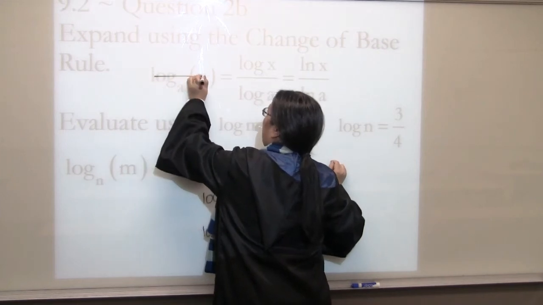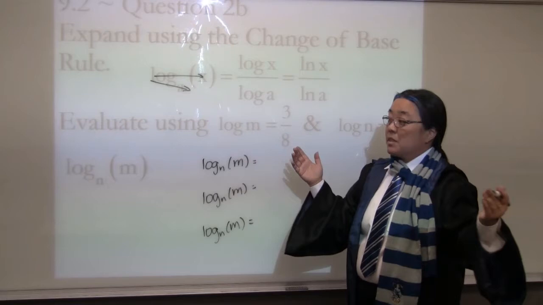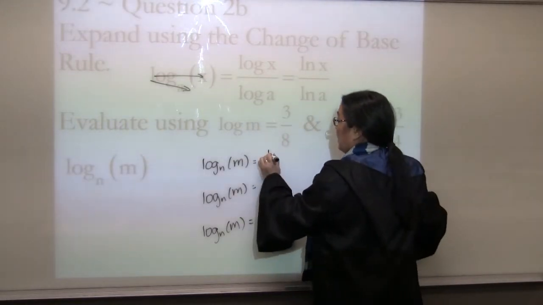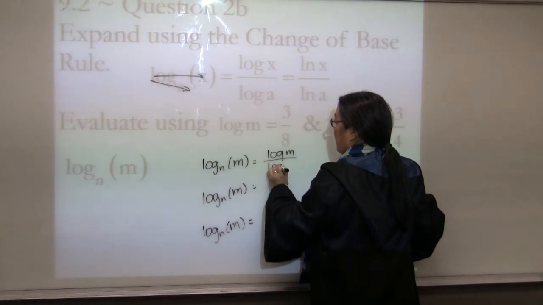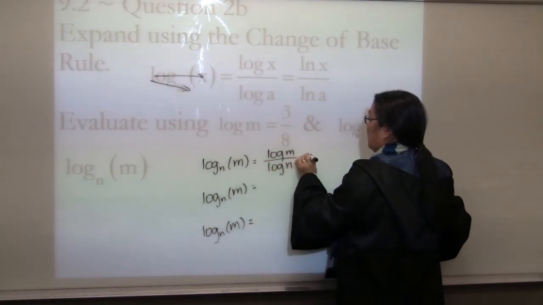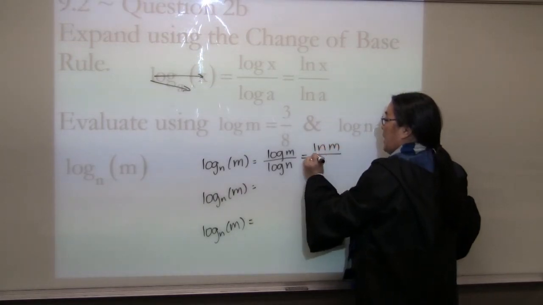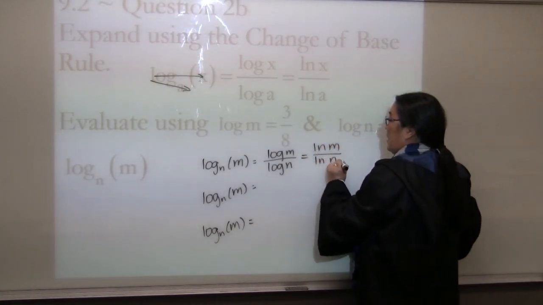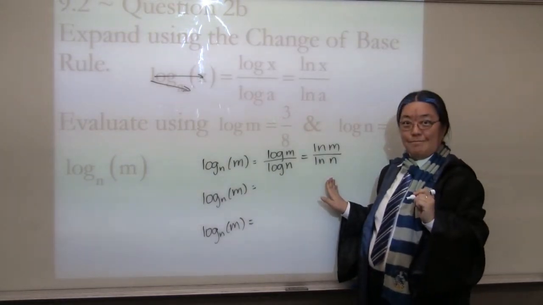That's because log of x goes on the top and log of a goes on the bottom. So here, log m will go on the top and log n will go on the bottom. Also, you'll have ln m on the top and ln n on the bottom. I want to see both of these.